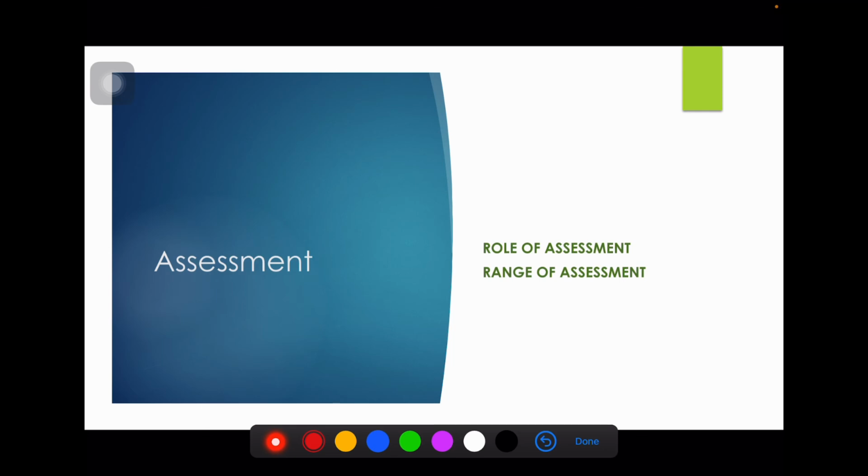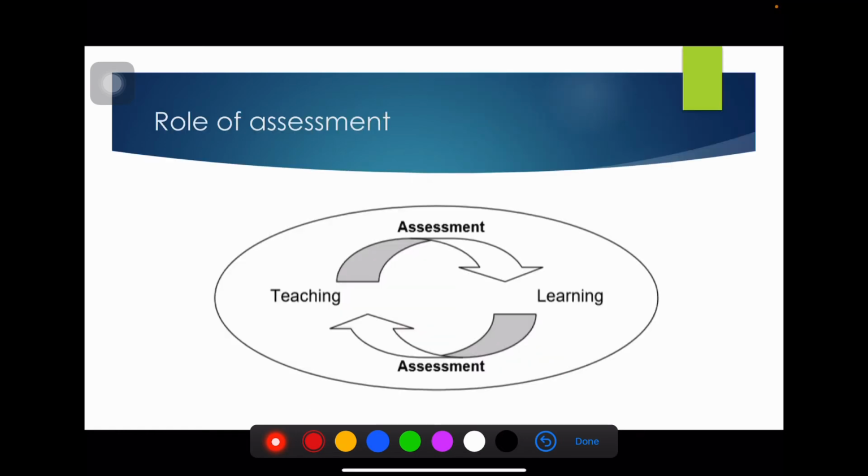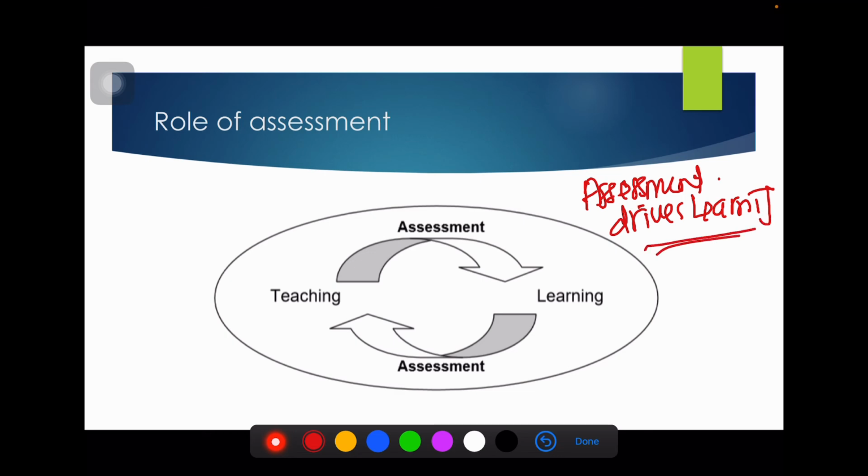Okay, assessment: the role of assessment, the range of assessment. We have done this in the tutorial class, where you looked at assessment for learning, assessment of learning, and assessment as learning. What are the roles of assessment? Assessment drives learning.